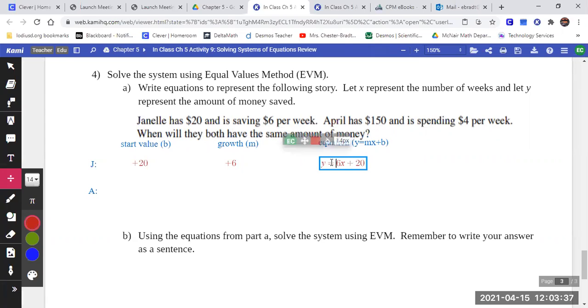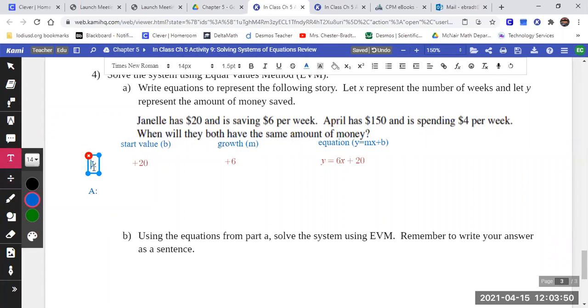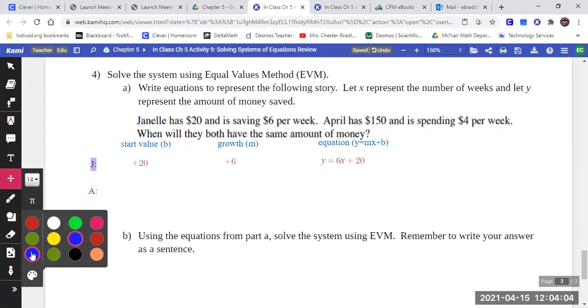Exactly. Okay, so now we're going to repeat the process for April. April's blue. I have to change that number two too. Let me fix that. This should have been a red. Remember, we got two situations. Okay, so what is it saying April's start value is?